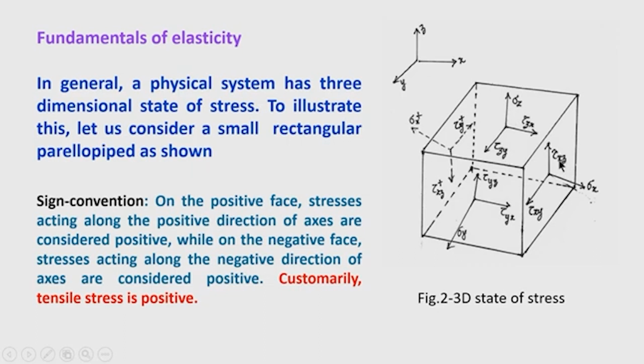Okay. Now, there is some meaning to these subscripts, why 2 subscripts are associated with the stresses. The first subscript denotes the direction of the normal to the face. So, here in this face you can see the direction of the normal is x. So, therefore, the first subscript x is associated here. The second subscript denotes the direction in which the stress acts. So, here you can see the stress acts along the z direction.